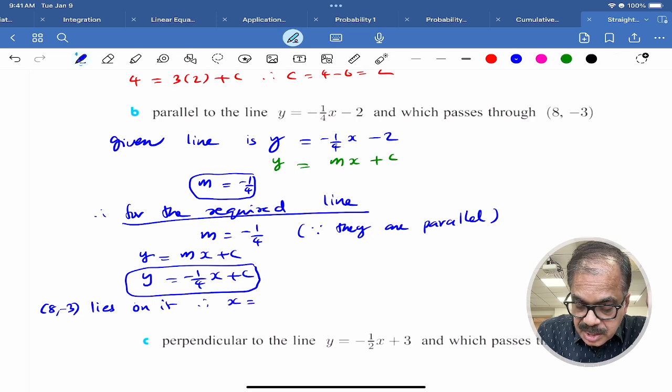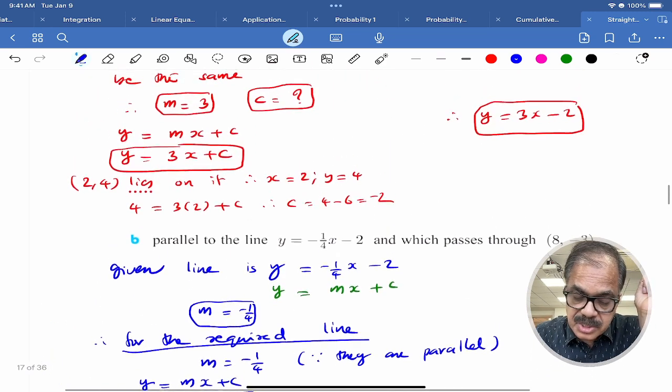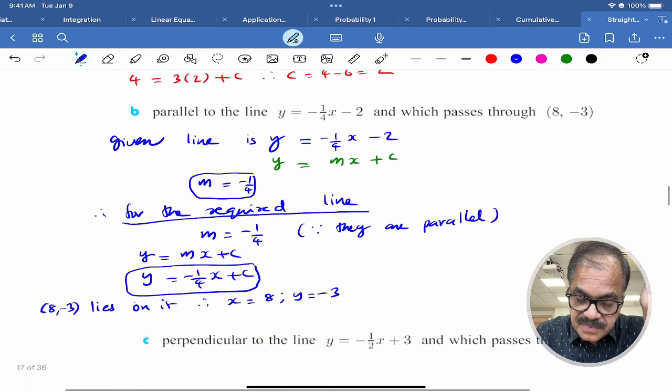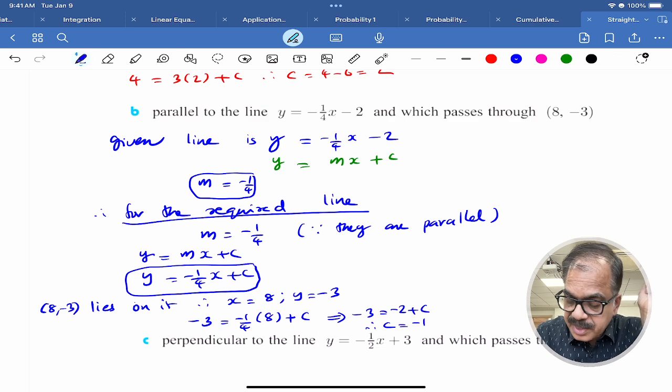Therefore, x is equal to 8 and y is equal to minus 3. So I replace y with minus 3 and x with 8. Negative 3 is equal to negative 1/4 times 8 plus c, which implies negative 3 is equal to negative 2 plus c. Therefore, c is equal to negative 1.